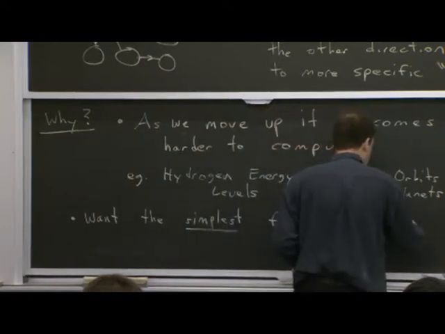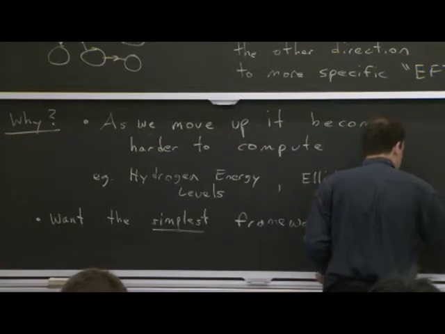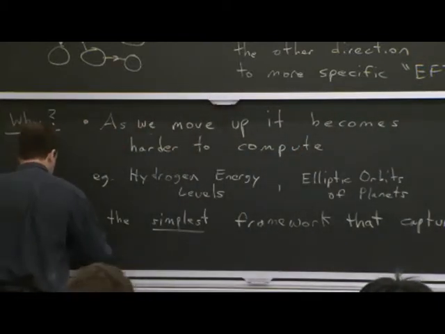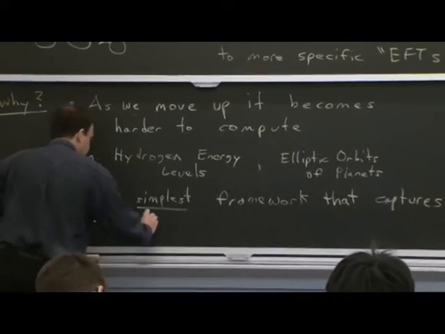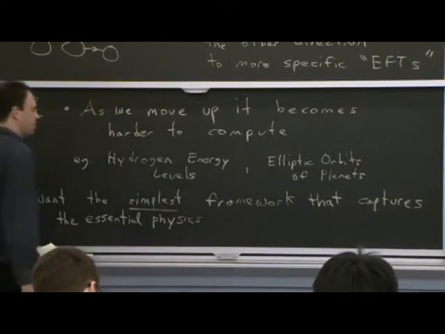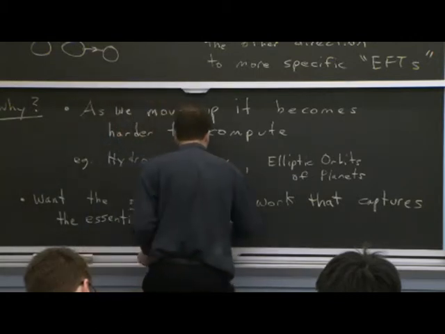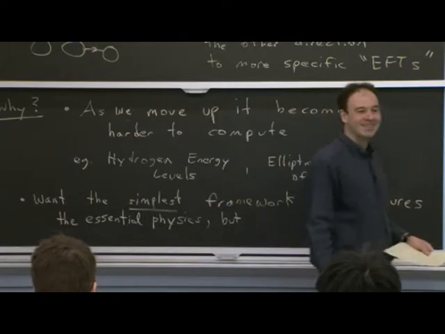So what we want when we think about effective field theory is the simplest framework that captures the essential physics. We don't want to carry along for the ride a whole bunch of superfluous things that are not important for the problem we're trying to deal with. But we also don't want to give up anything. So we're very demanding.